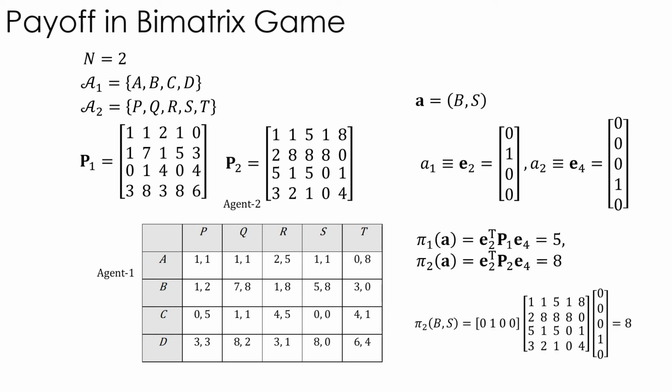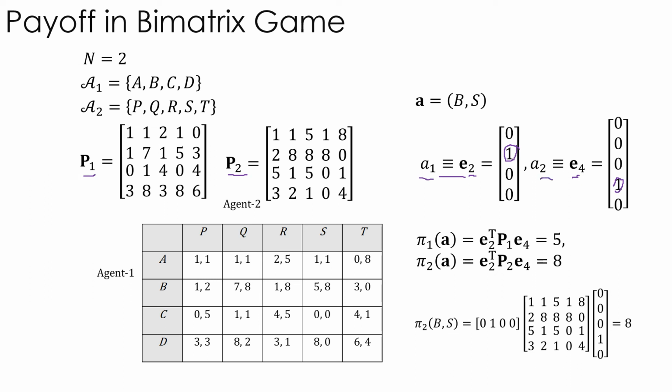We can easily compute the payoffs of agents 1 and 2 using the two payoff matrices, P1 and P2, and these vectors of actions, which are E2 and E4, because it's E2 because we have a 1 in the second position here, and this is E4 because we have a 1 in the fourth position. And these are equivalent to A1 and A2.